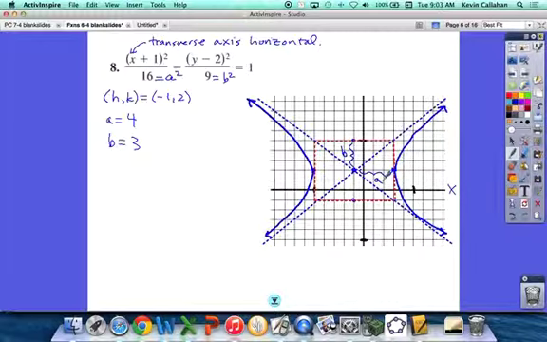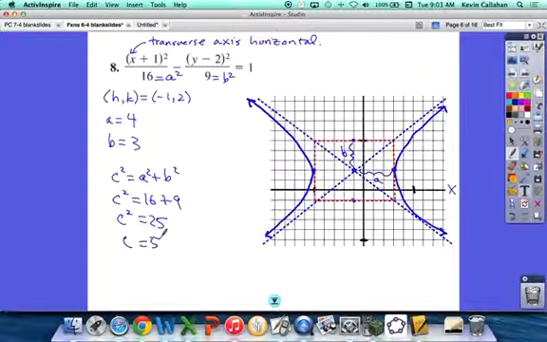No, that's if it's an ellipse. C squared equals A squared plus B squared. So C squared in this one is 16 plus 9. C squared equals 25, so C equals 5.